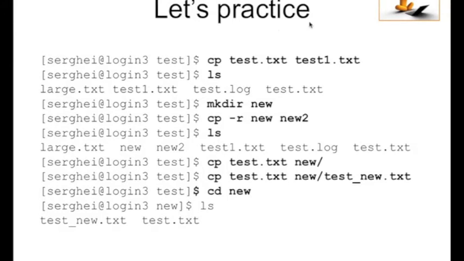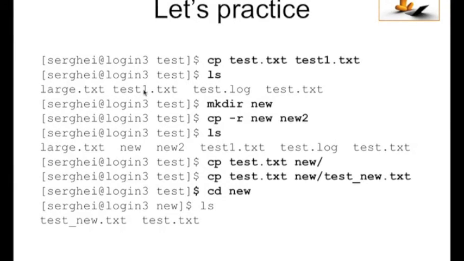Given the file test.txt, we want to create the copy of it and give a name to that copy, which will be test1.txt. So by running this command, in the same directory we'll have a copy of the file, and the copy will be called test1.txt. So it's right here.